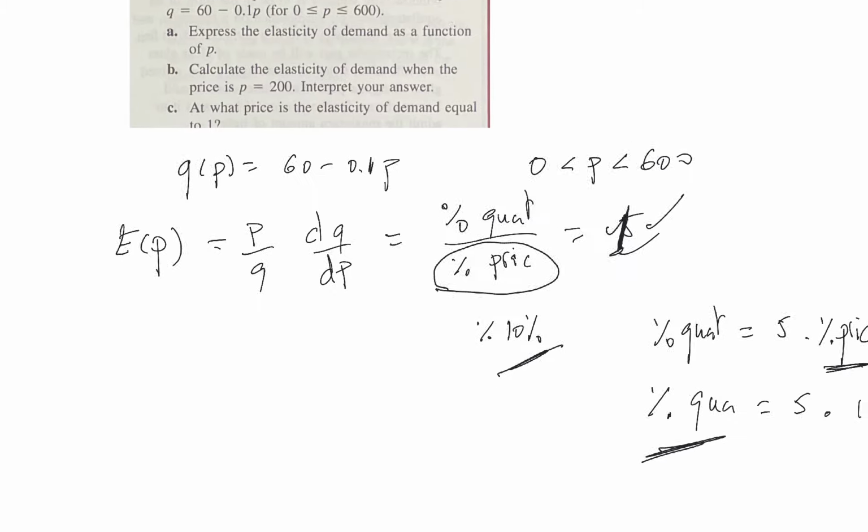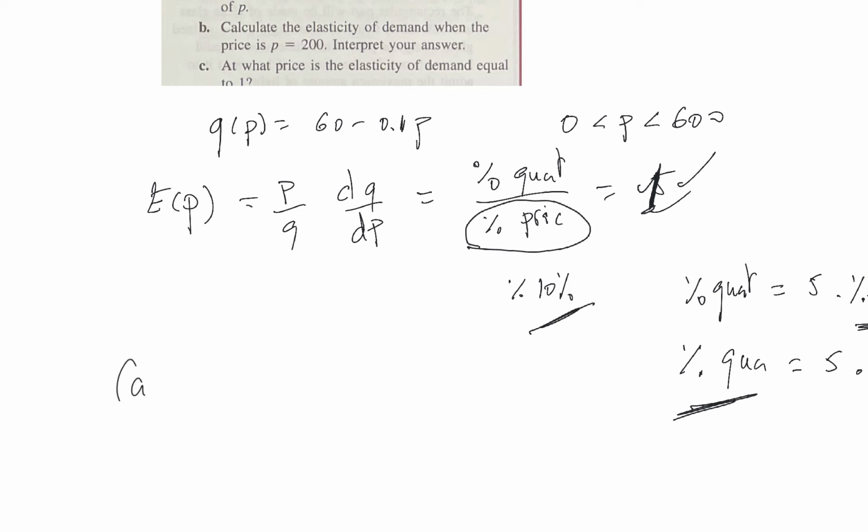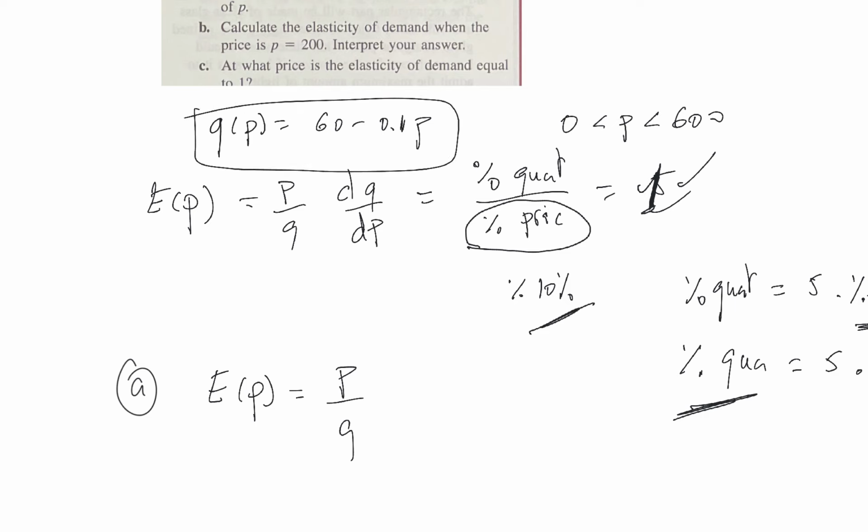Okay, let's do part A. Part A is straightforward. E of P is P divided by Q times the derivative of Q with respect to P. The derivative of Q with respect to P is minus 0.1.